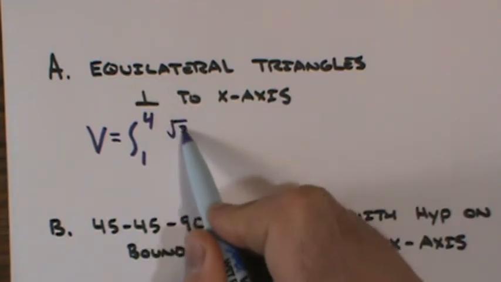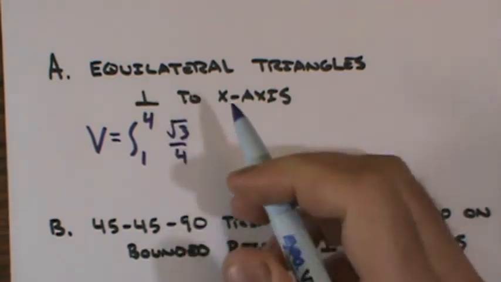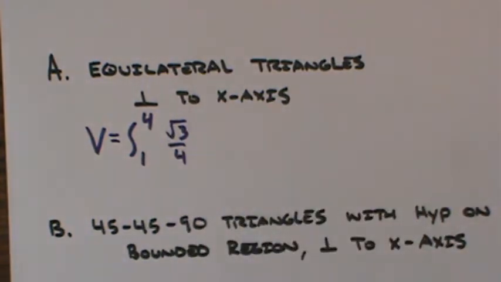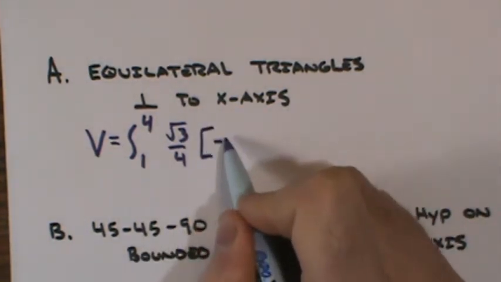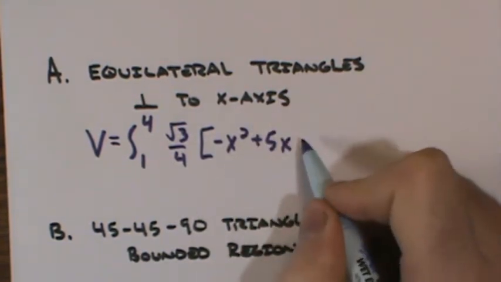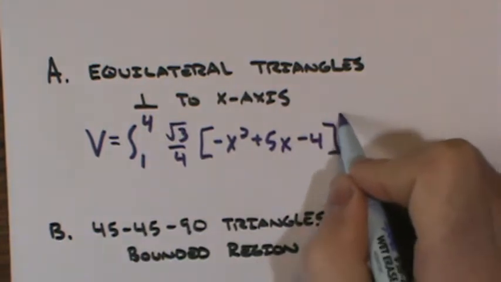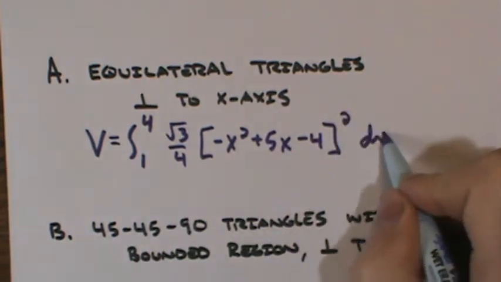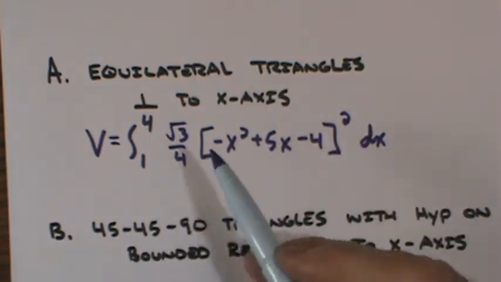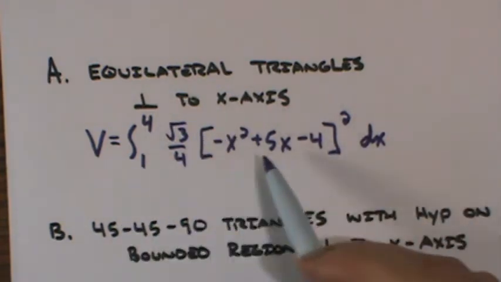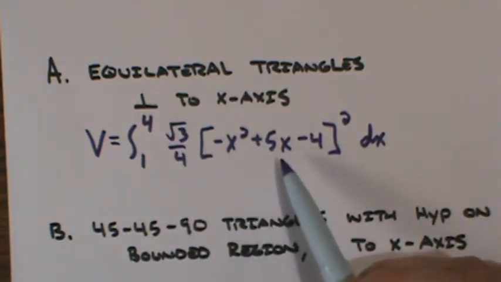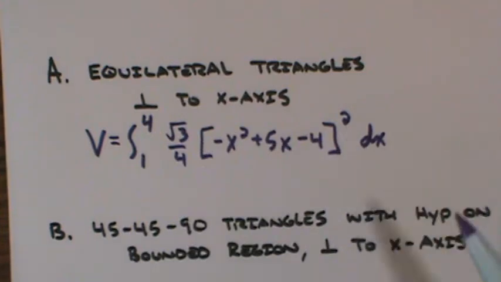I say radical 3 over 4 times the base squared. Now I have a value for the base. That is the negative x squared plus 5x minus 4 that I'm going to square and then say dx. Now the calculus part, you guys can do that. That's simple. But this is the setup. That I had radical 3 over 4 times the base, whatever that base value turned out to be, squared dx.